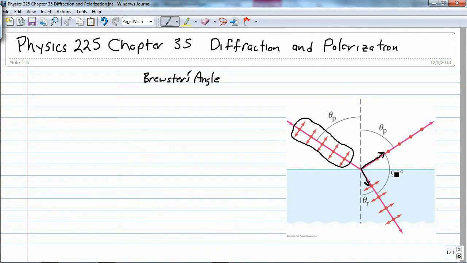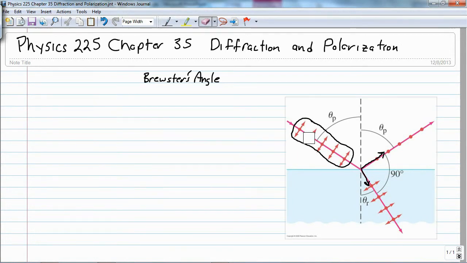And this only happens when this is at 90 degrees. So let's see how we can calculate this Brewster's angle based on the angle of the light coming in and on the values of the refractive indexes.